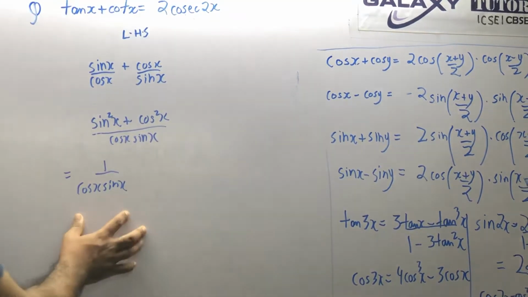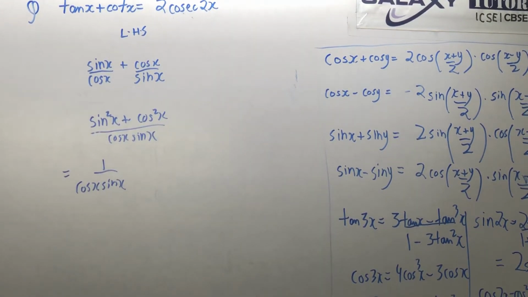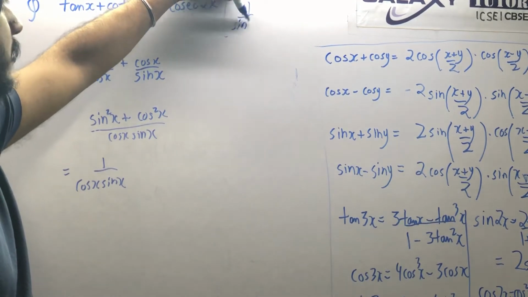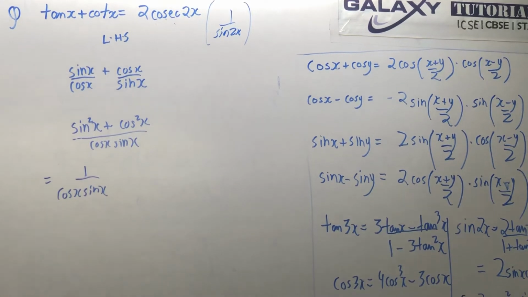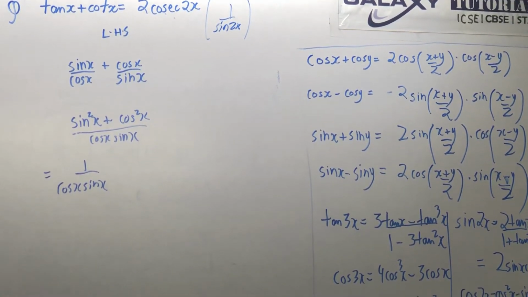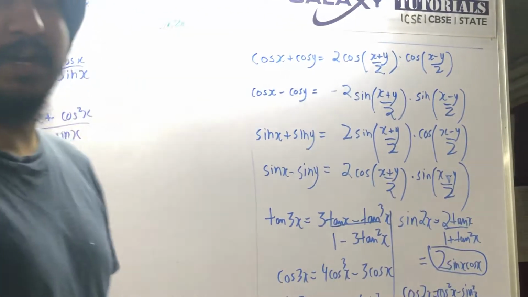Now this is cos x sin x, and you have to bring cosec 2x. What is cosec? Cosec is 1 upon sin. You can imagine this as 1 upon sin 2x. If I somehow bring here sin 2x instead of cos x sin x, then I can solve the question. So you know the identity for sin 2x. Sin 2x is what? 2 sin x cos x.